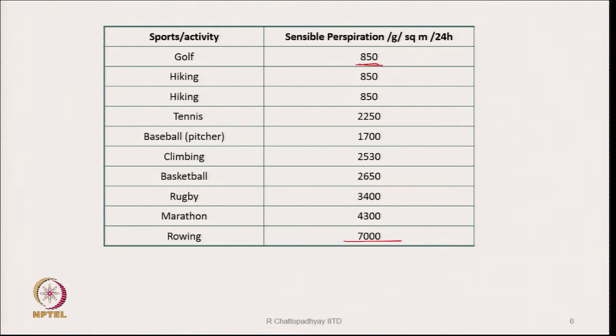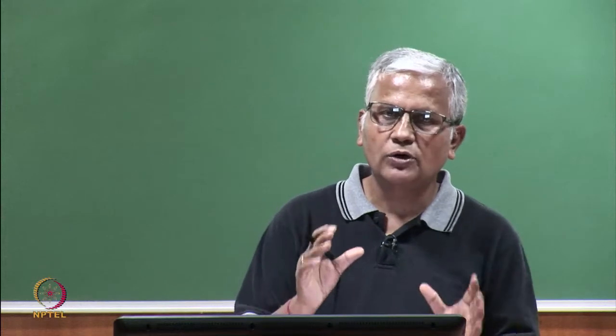We can change the value from, let us say, 24 hours, and bring it down to per minute or per second also, and then we can decide what sort of sweat we have to manage if we want to design certain clothing where sweat management becomes one of the very important issues.